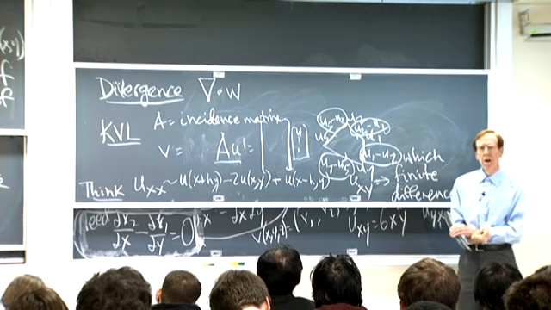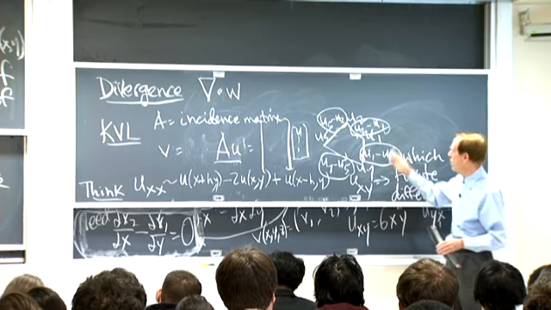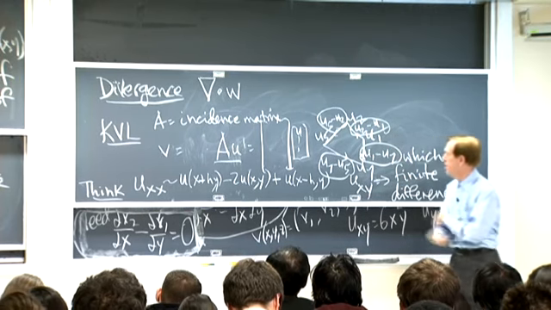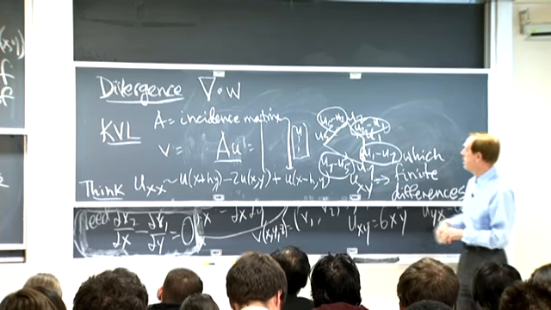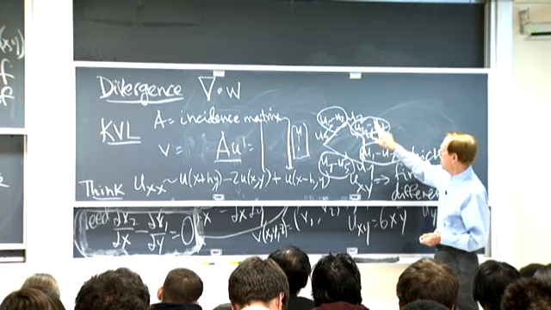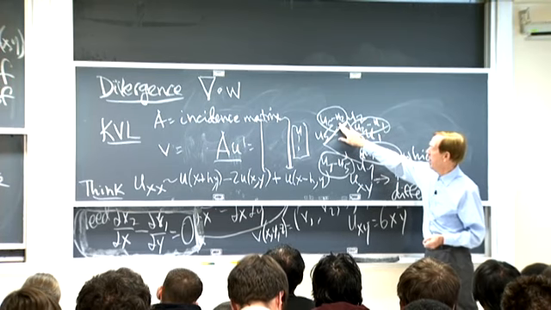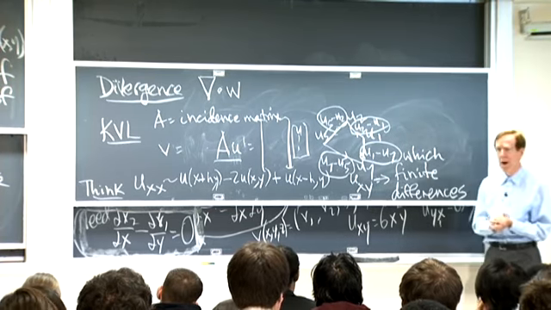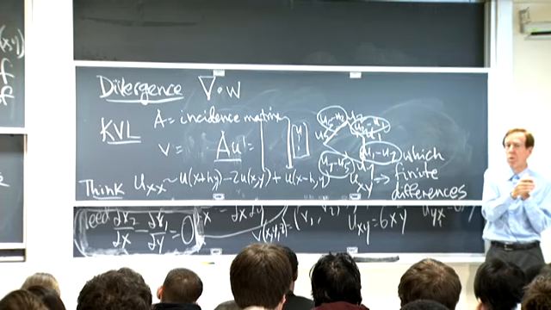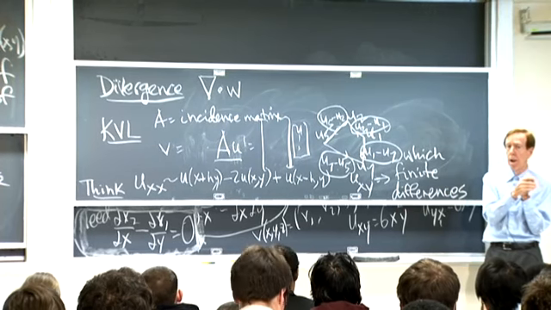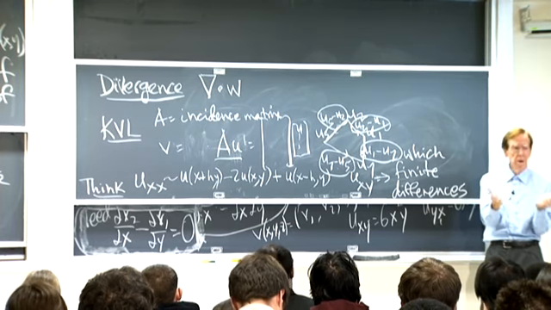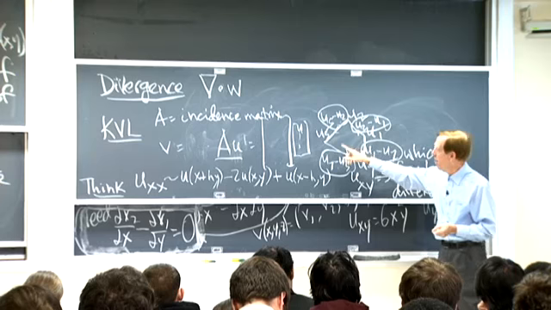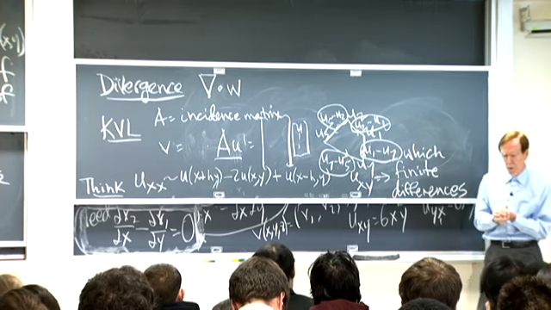And what does Kirchhoff's voltage law tell me about those 4 differences, which I can certainly see directly? U1 minus U7, U2 minus U1, U5 minus U2, and U7 minus U5, what's the obvious fact about those 4 guys? They add to 0. The total drop around a loop is 0.